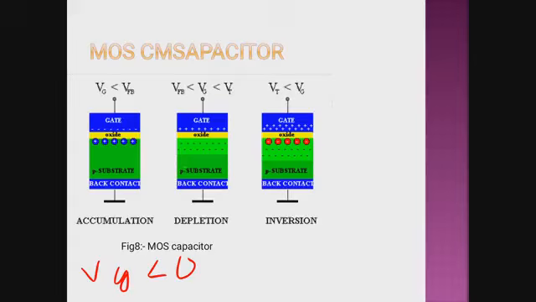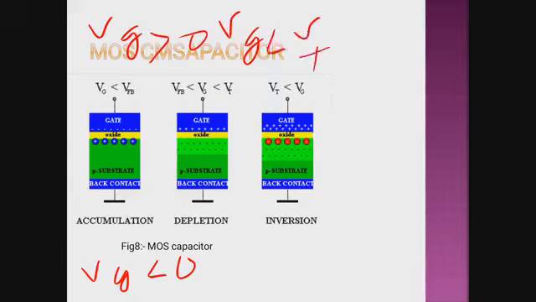Now in the second case, when Vg is greater than 0 but Vg is less than the threshold voltage, what will happen?